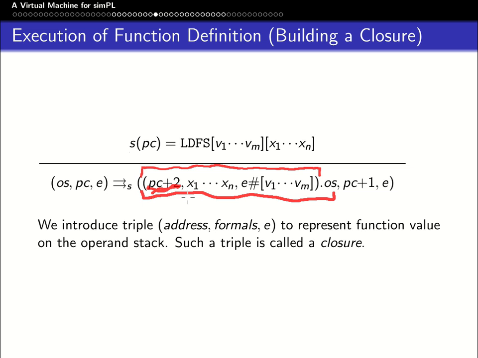So that's going to be the start. Then we need the list of arguments, x1 up to xn. For these we don't yet have values. So we have to say, remember these symbols, because you don't have values for them. Whenever they get values, we can execute the function. However, for those symbols that are free, we should already have values.